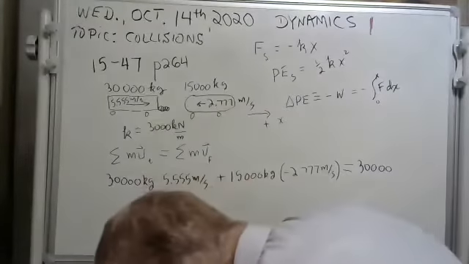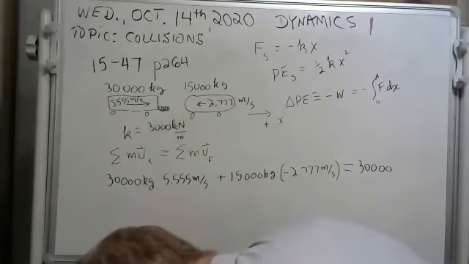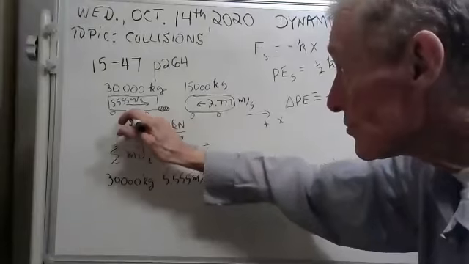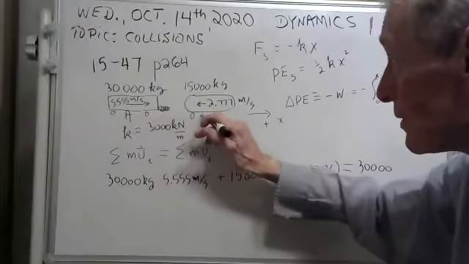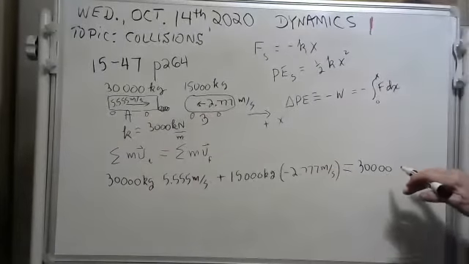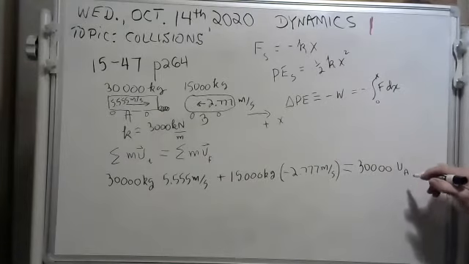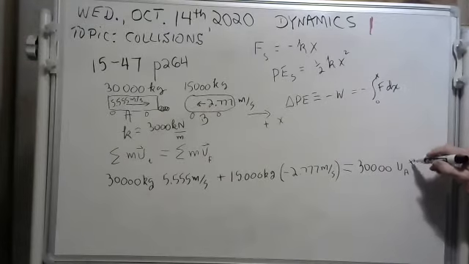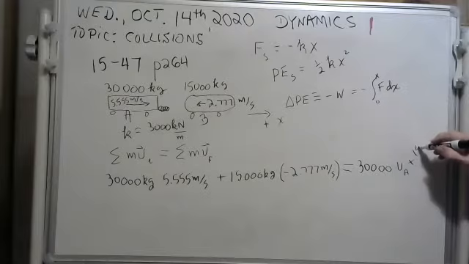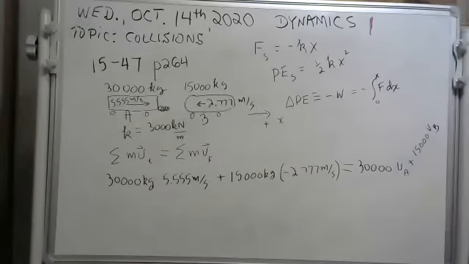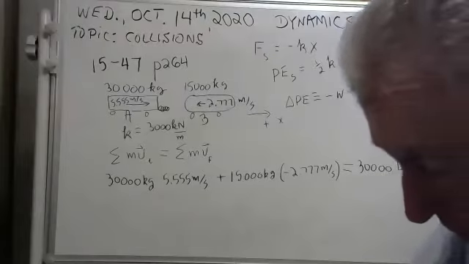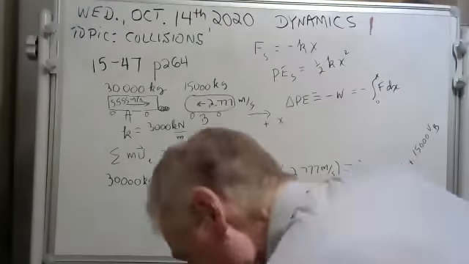Is that what they call it? Let me look and see here. Yeah, this is body A and this is body B. If you want to talk about when the collision is over, then you'd have 30,000 VA plus 15,000 VB.